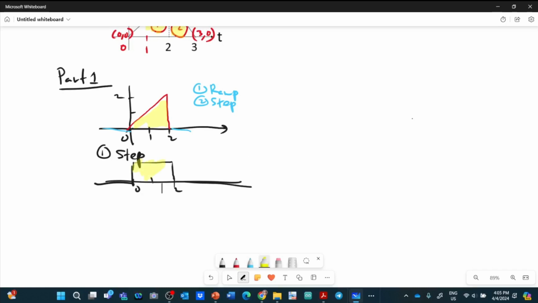So step, it will be having this type of signal lah. So that step signal, write out the equation. You have U T minus U T minus 2. Betul tak?